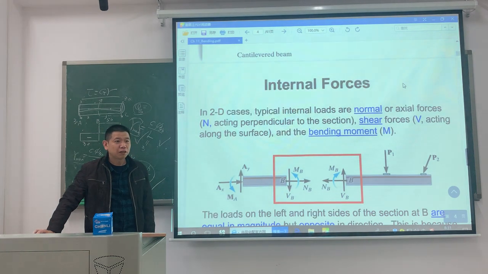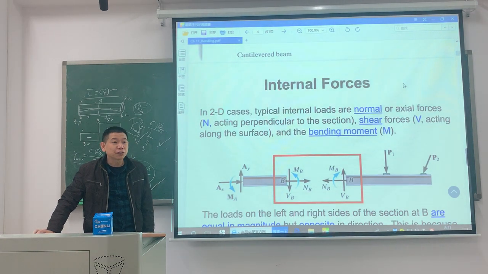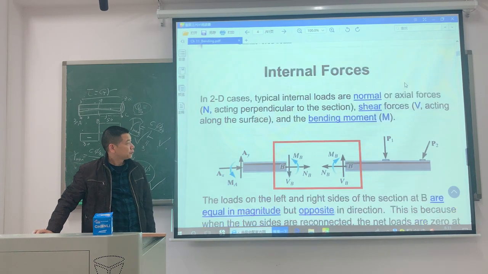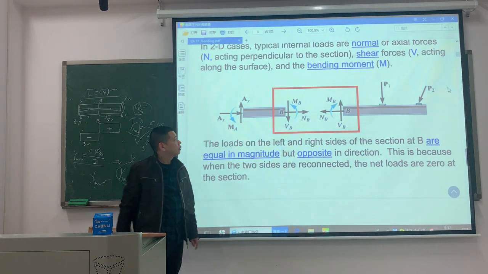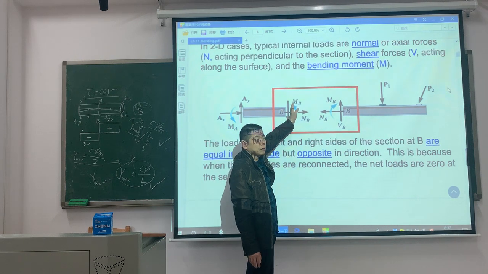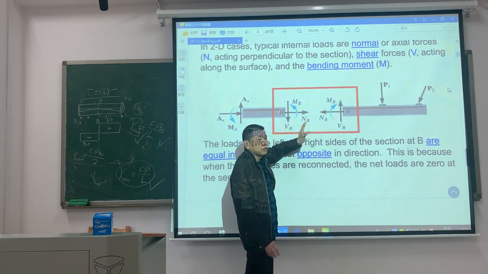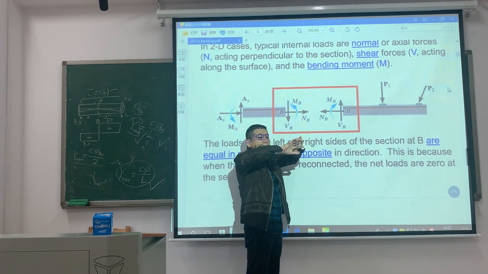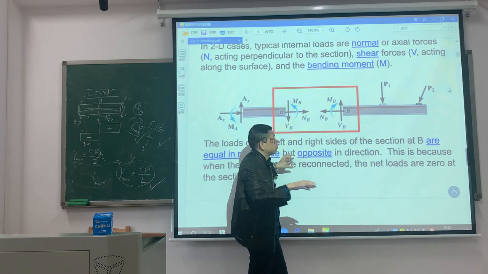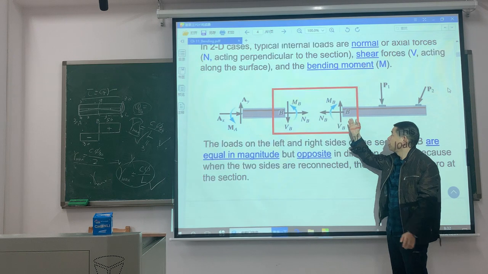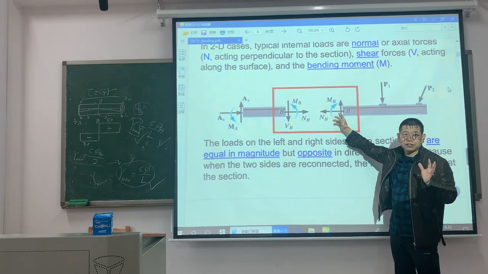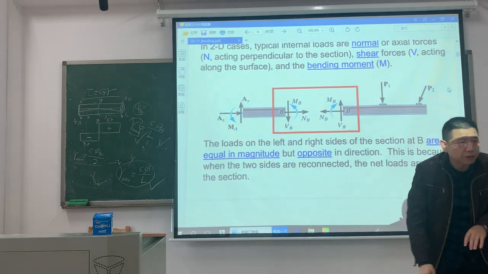And first, we have to find the internal force. Suppose it's a beam. For a given cross section, we imagine a cut. Take one part to analyze. For a beam, there are three kinds of internal force.